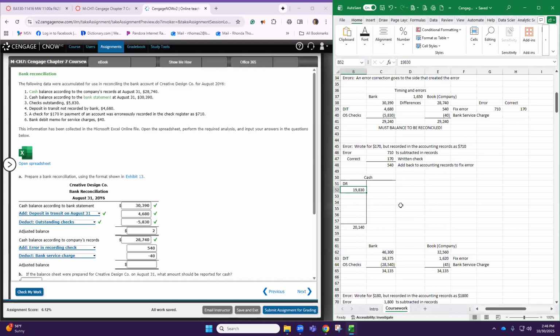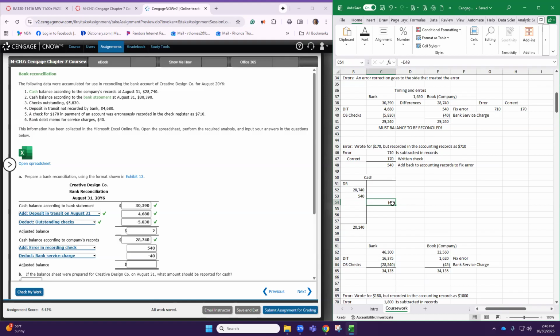So here's what we started with, 28,740. What we need it to be is the new adjusting balance. That's going to be the 540, correcting that error. We made the error, we have to make the correction. And then cash is going to go down by the amount of the service charge.